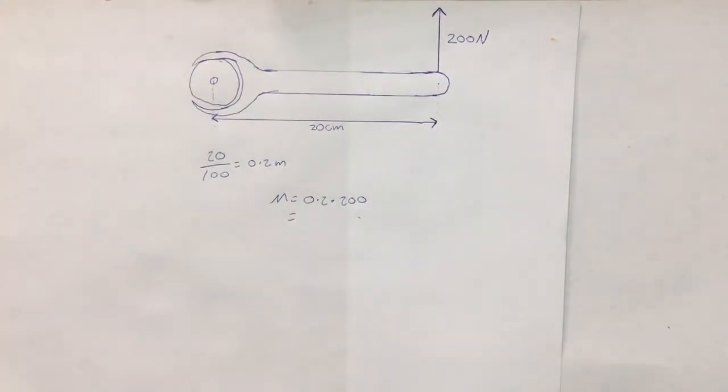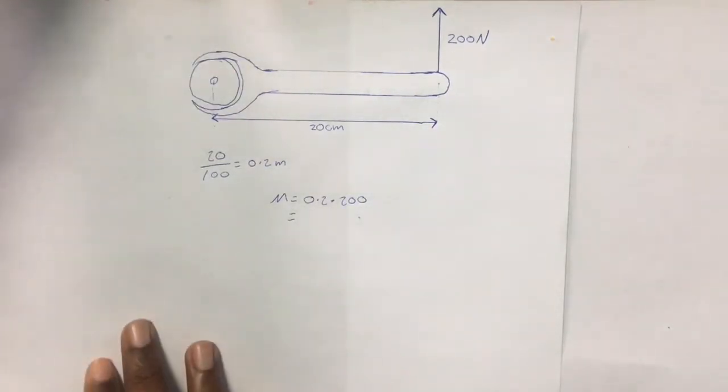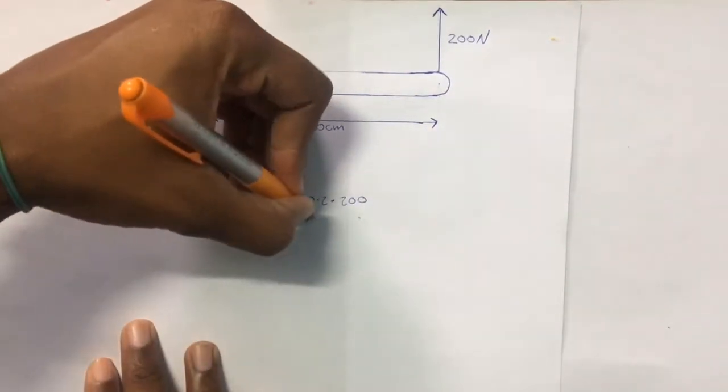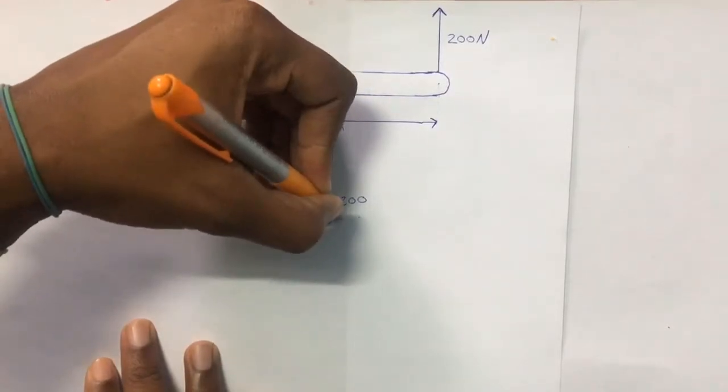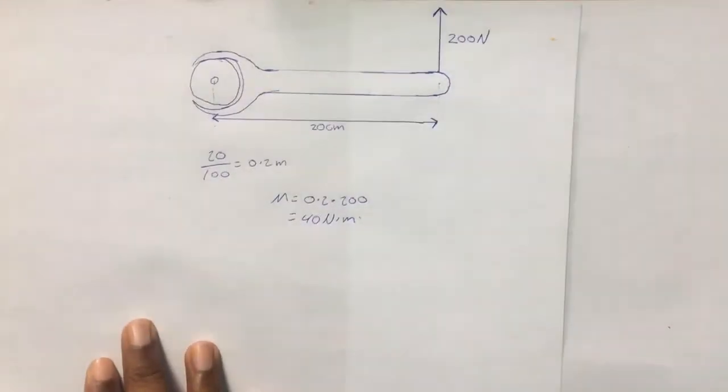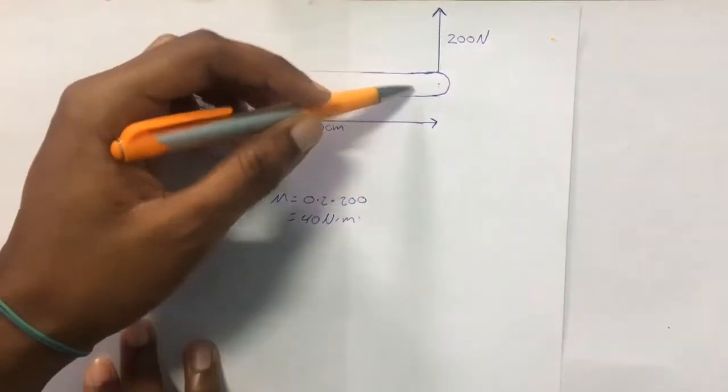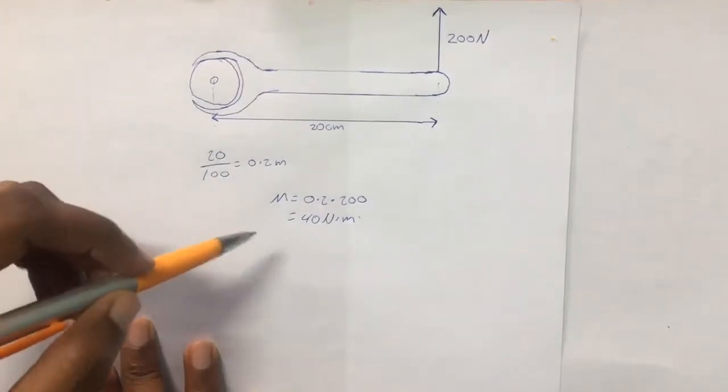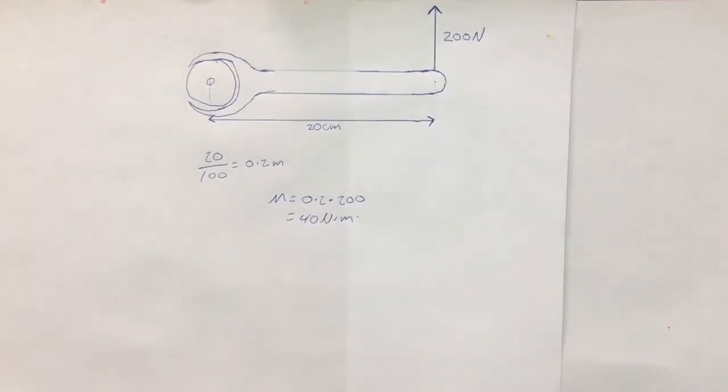So 0.2 times 200 is equal to 40 Newton meters. And that's pretty much it. Note that this force is going in an anti-clockwise direction, so the value will be positive.